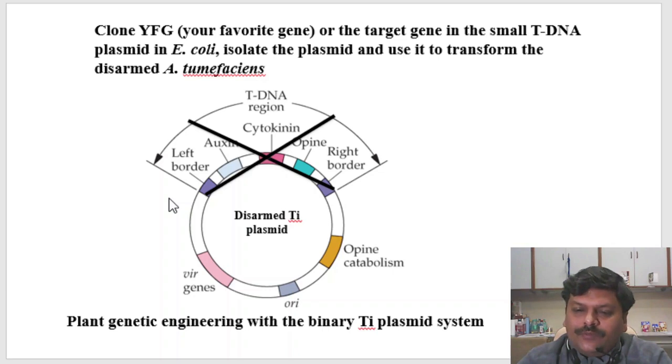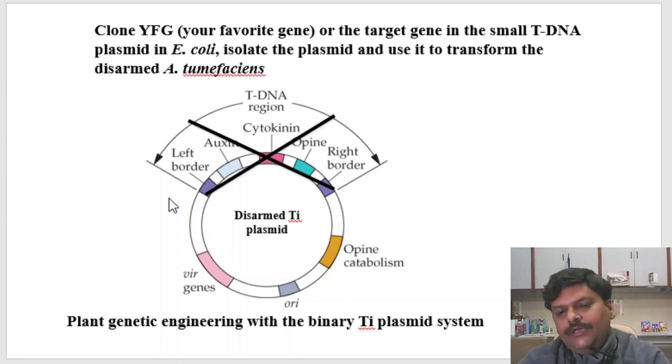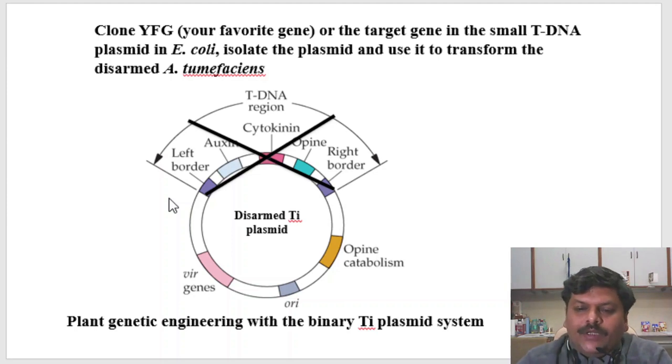Genes from the Ti plasmid related to auxin synthesis, cytokinin synthesis, and opine synthesis are removed. Only the left border and right border are retained in the modified T-DNA. Also, there is another region called the virulence region, which has virulence genes, also called Vir genes. They are removed from the Ti plasmid and put onto the main genome of the Agrobacterium bacteria.